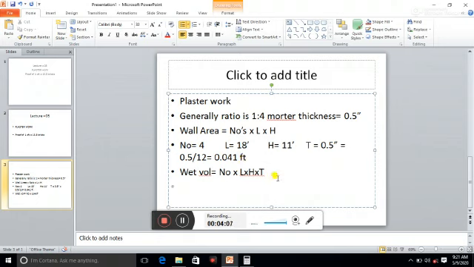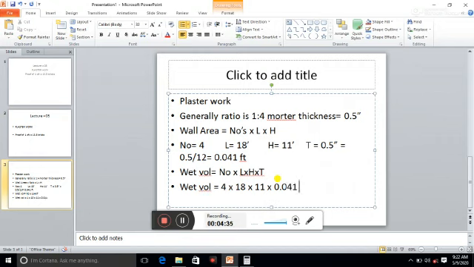Okay, and now we will put these values in the wet volume formula. Number of walls is 4, into length 18 feet, into height 11 feet, into thickness 0.041 feet.